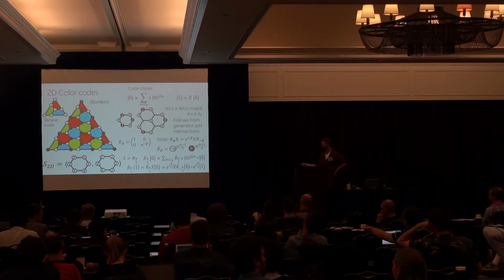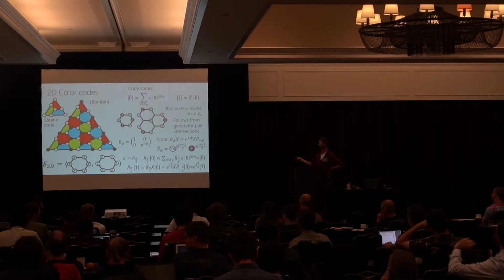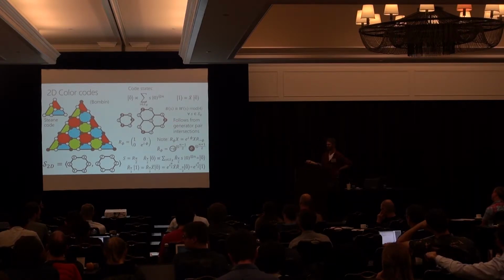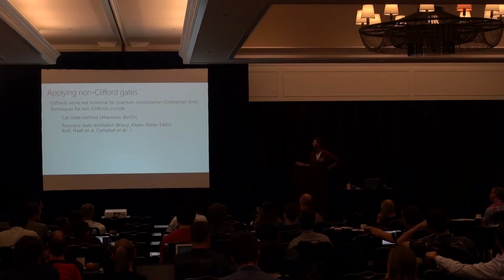Okay, and then it's pretty easy to see that applying this gate to the 1 state, because there's 1 extra black qubit than there are white qubits in this lattice, you'll get a cancellation except for 1 site, so you get this overall phase. Okay, cool.